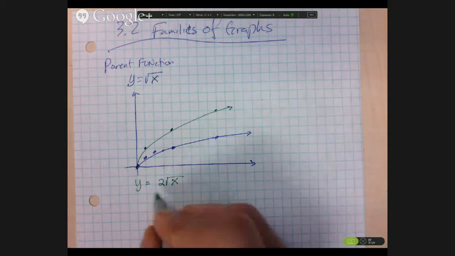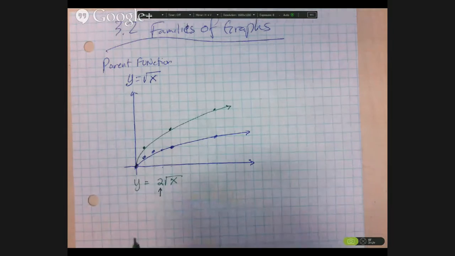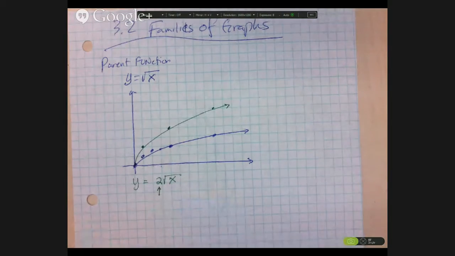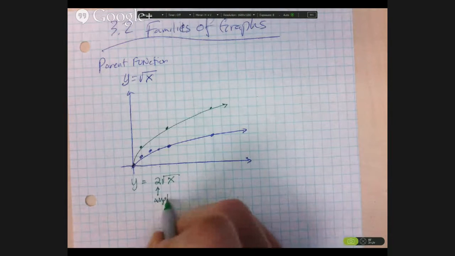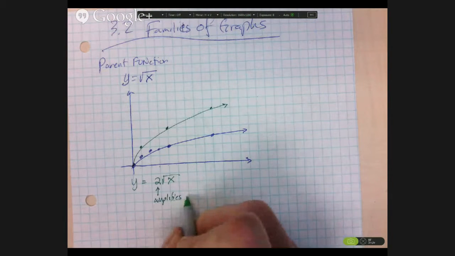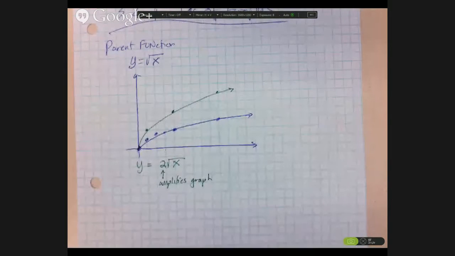So this number here makes the graph taller or shorter. If it's a fraction, it would make it shorter, right?